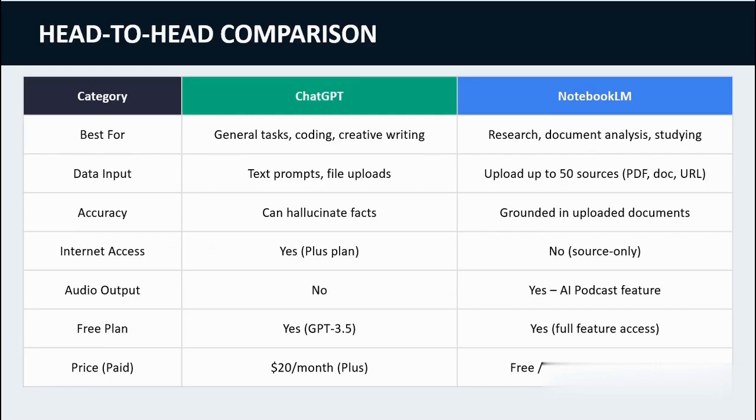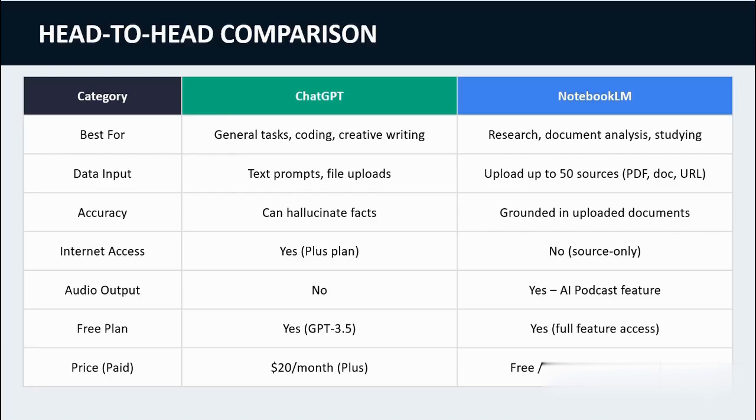If we go to a head to head comparison, the price for ChatGPT is $20 per month, and NotebookLM is actually free, with the Google One AI Premium option.